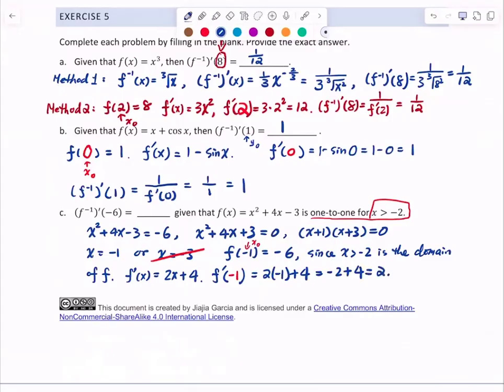Okay, and then the last one to apply the formula. That's 1/f5 of -1, so that's 1/2.